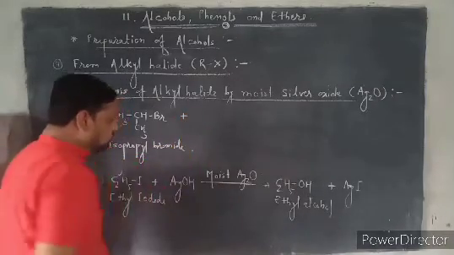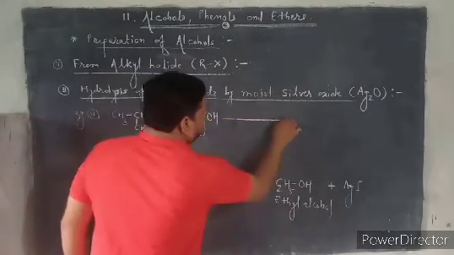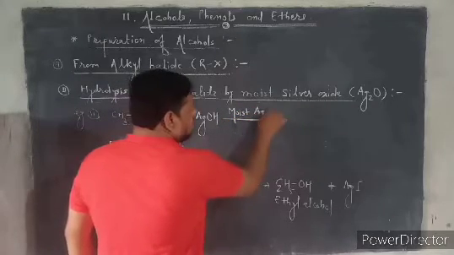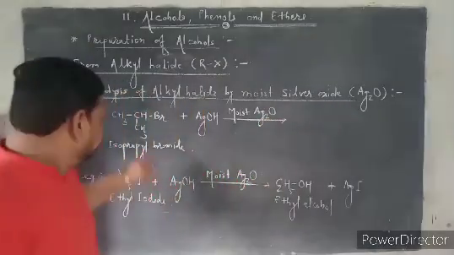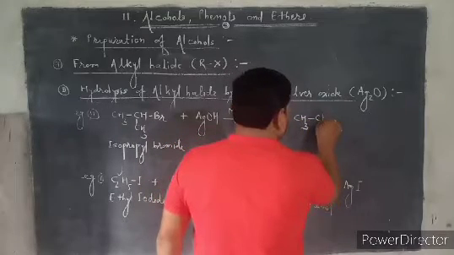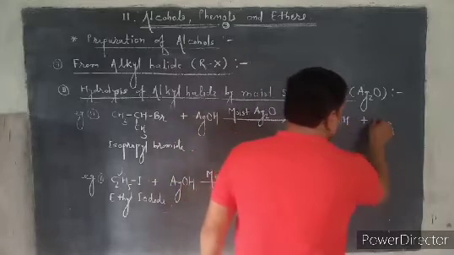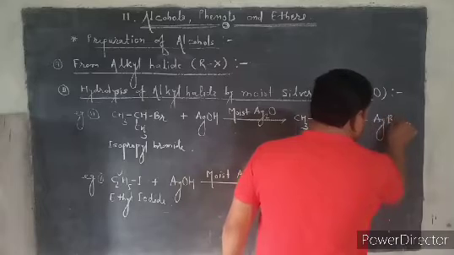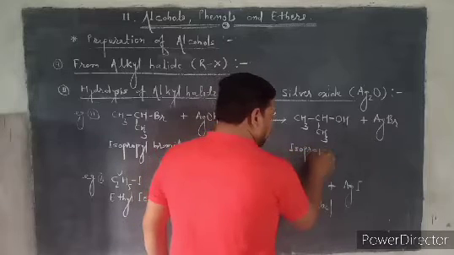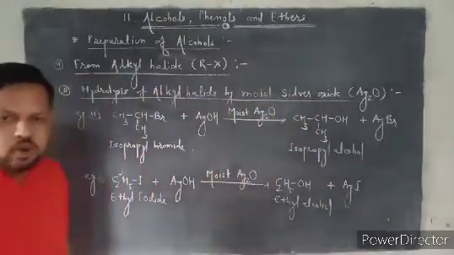This isopropyl bromide is heated with moist silver oxide, then it gives CH3CHOHCH3 and AgBr, and the name of this compound is isopropyl alcohol.